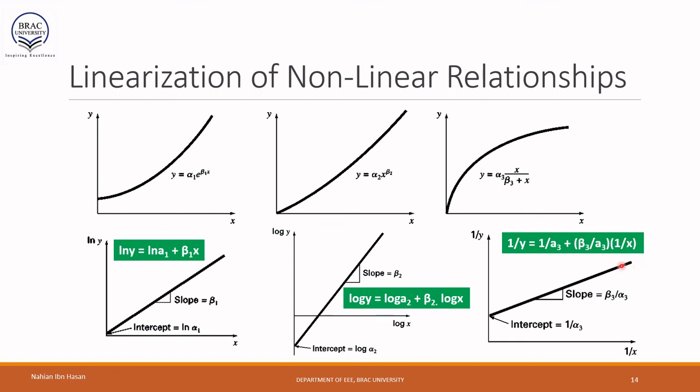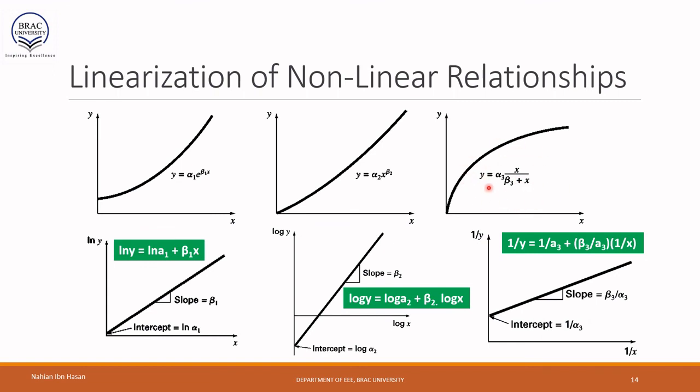So 1 by x becomes the independent variable and 1 by y becomes the dependent variable. If we plot this, we will get a straight line. The slope of the straight line is beta 3 by alpha 3 and the intercept on the y-axis is 1 by alpha 3. So that makes the linearized version of this non-linear function.